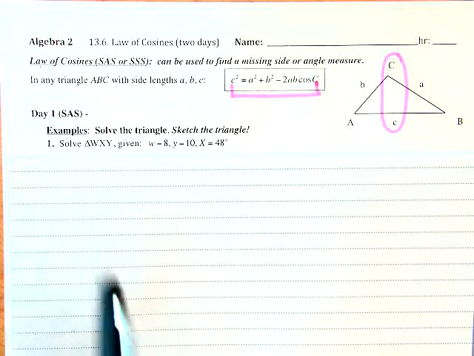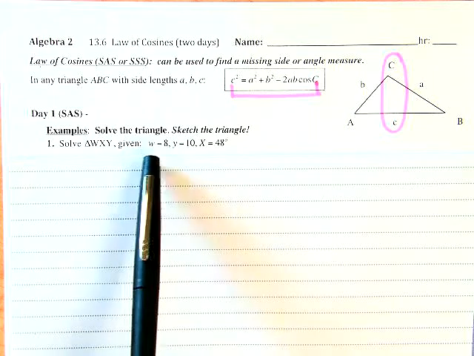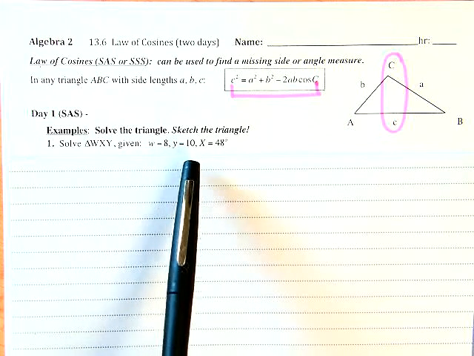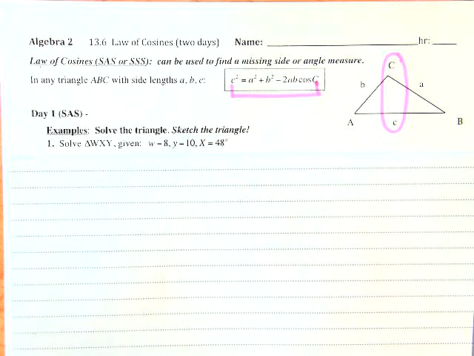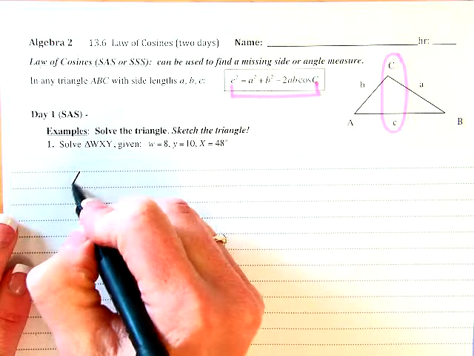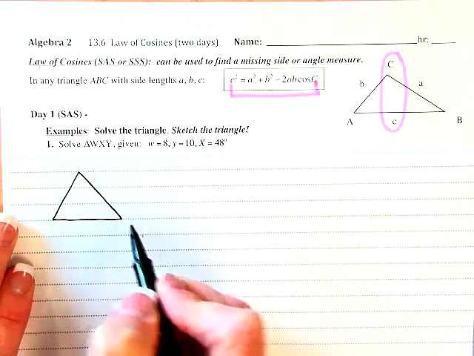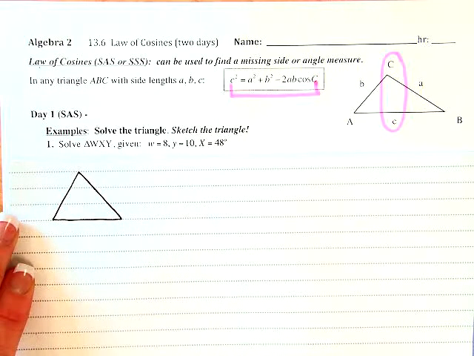So example number 1, solve triangle WXY, which means find the missing pieces. We are given that side w is 8, side y is 10, and angle X is 48 degrees. So the first thing we're going to do is draw a triangle. Again, I just have a go-to triangle shape. I'm not really concerned about acute or obtuse angles, I'm concerned about the relationship.